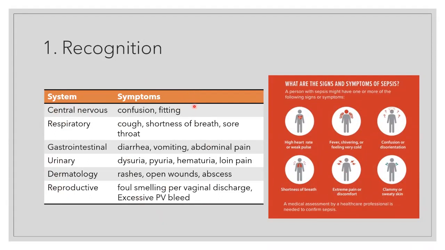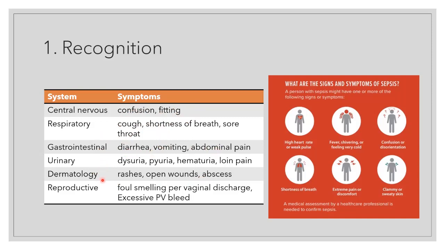Central nervous system, they might come with confusion, they might even fit. Respiratory is like cough, shortness of breath, sore throat. Gastrointestinal tract, for example, diarrhea, vomiting, abdominal pain. Urinary systems such as dysuria, pyuria, hematuria, or even loin pain or back pain. Dermatology wise, you can see rashes, they can have open wound, they can have abscess.